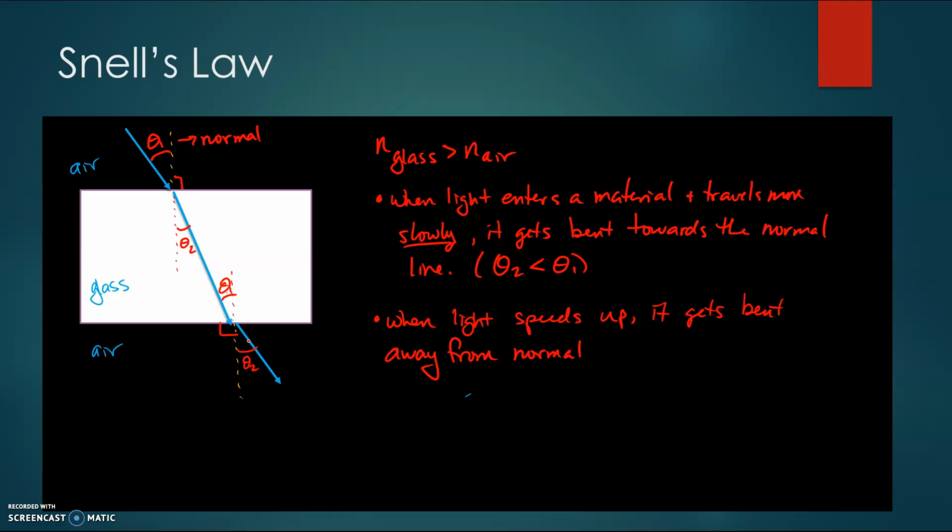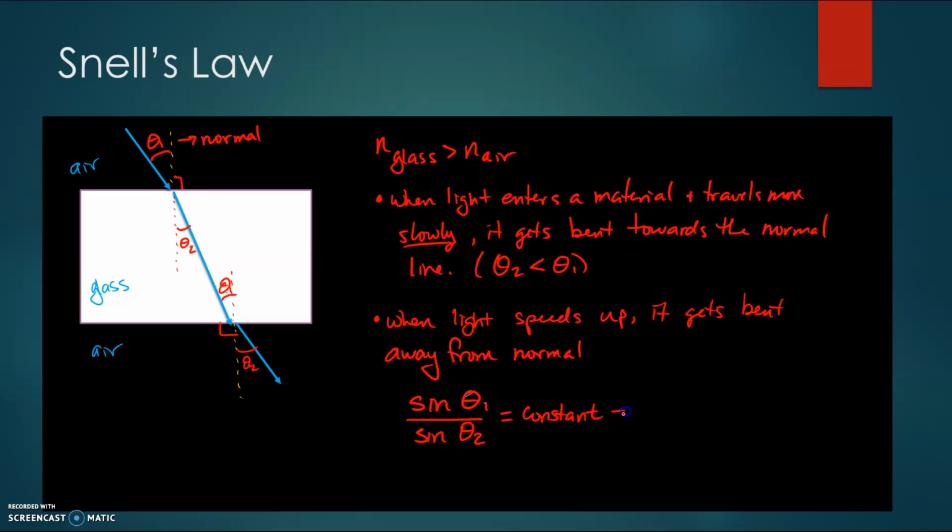So what's the mathematical relationship that relates this? Well, it turns out that if we take the sine of theta 1, the sine of the angle as it enters the material, and divide it by the sine of theta 2, the angle after it enters the material, and again, these are angles with respect to the normal line, this is going to be equal to a constant. These are always going to be equal to the same number.